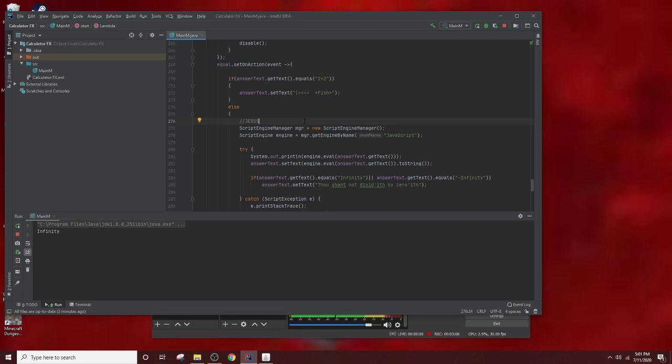Having it check the string for every single bit of it to see, oh, it has a plus or a minus or a divide, that would just make the code super difficult and annoying, and strings intimidate me because they're kind of like a char array, and that's scary.